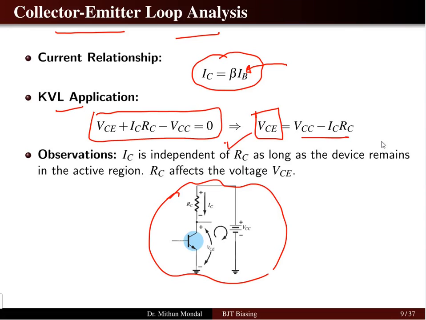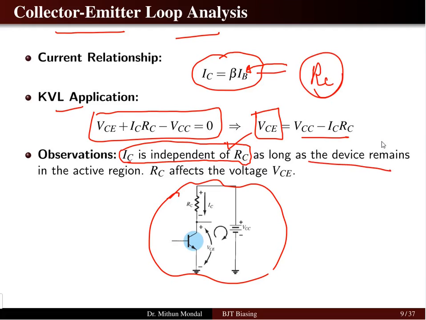If you observe, IC is independent of the collector resistor RC as long as the device remains in the active region. So RC affects only the collector-emitter voltage, but not the collector current.